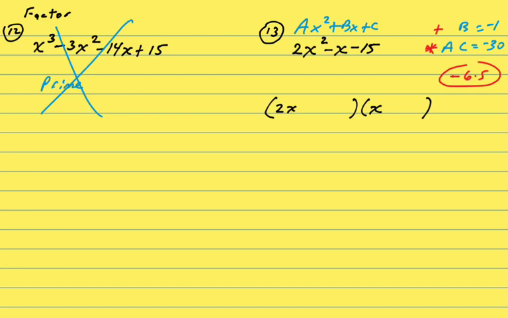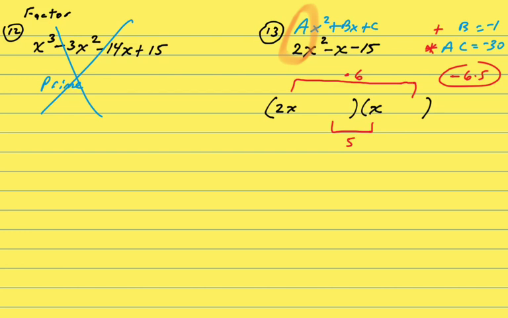Now, if a is a 1, you could just put them right in here. But because a is not a 1, you have to connect the outsides and the insides, or what's sometimes called the means and the extremes. 2 goes into the negative 6, so I put it up there and I put the 5 here.